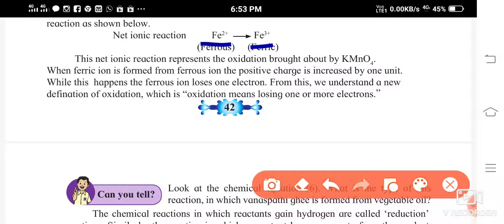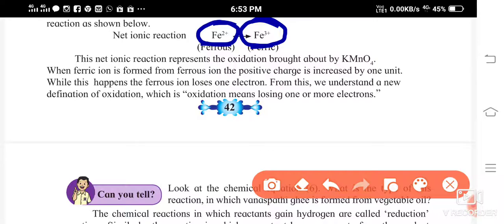So Fe2+ became Fe3+. During this reaction, 1 electron has been lost by this Fe, and that is why this became Fe3+, correct? While this happens, the ferrous ion loses 1 electron.